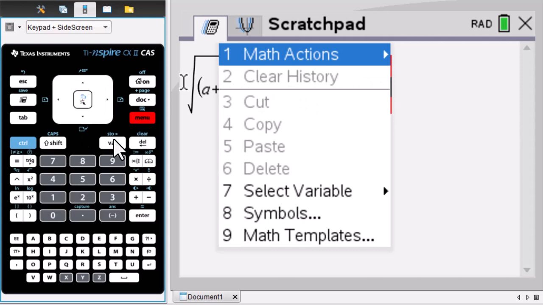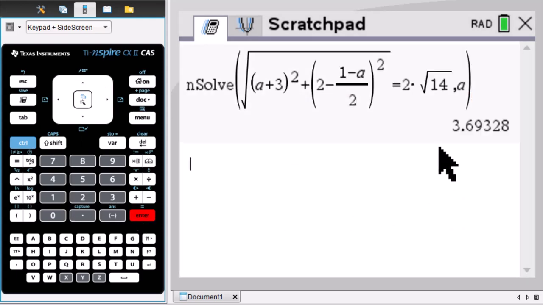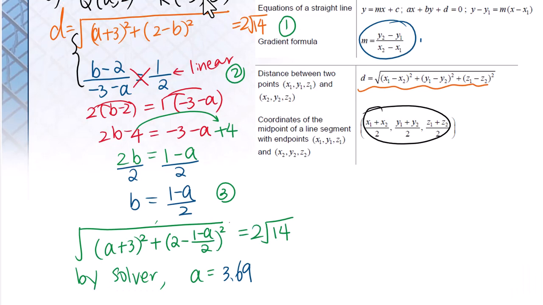Control menu, enter, enter. a equals 3.69. a equals 3.69 to 3 significant figures.